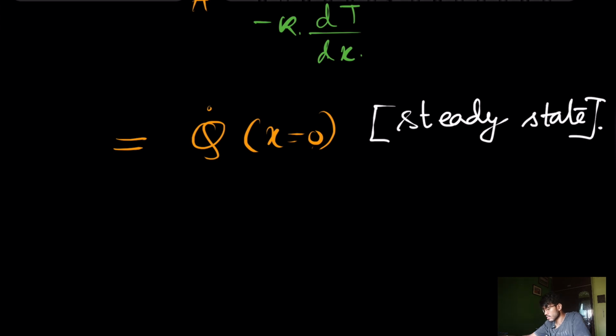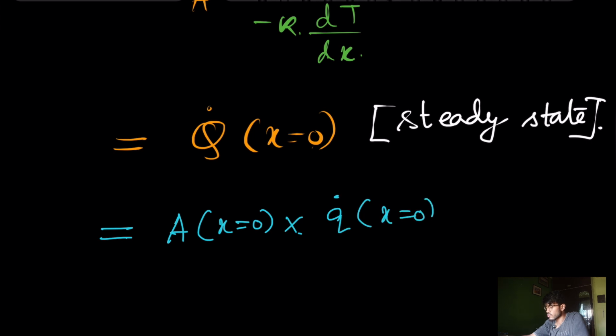Now this one will be equal to the area at the base, that is area at x equal to 0, into small q dot at x equal to 0.